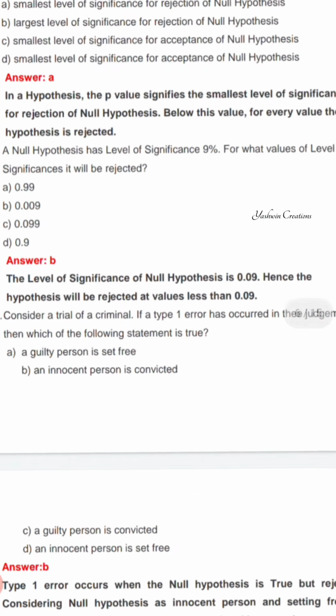An innocent person getting convicted is a type 1 error. He is innocent, but we are rejecting, not accepting that. So that is type 1.